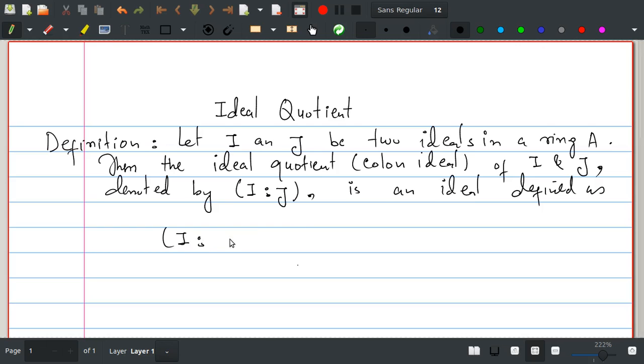This ideal consists of those elements in the ring A such that the product of A with the elements of J, this set, should be a subset of I. Then we call this the colon ideal of I, J.